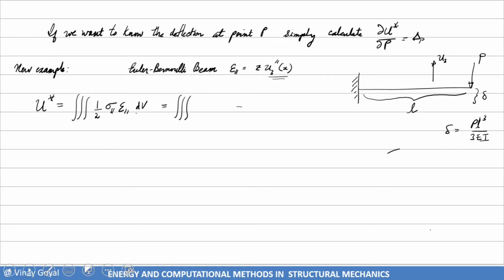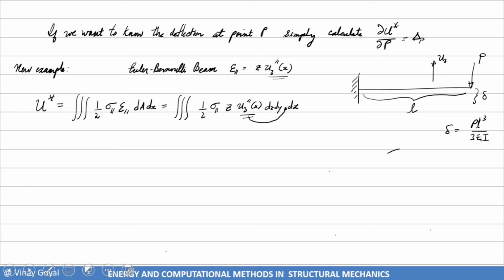Again, I'll do dV to be dA dx, and notice how part of epsilon 1 can be brought out. But I'll write everything out first. Sigma 1 z, and I'll put in here u3 double prime of x, dA dx. This does not depend on dA. Here dA is dy dz. So this does not depend on that, so I can bring it over here.